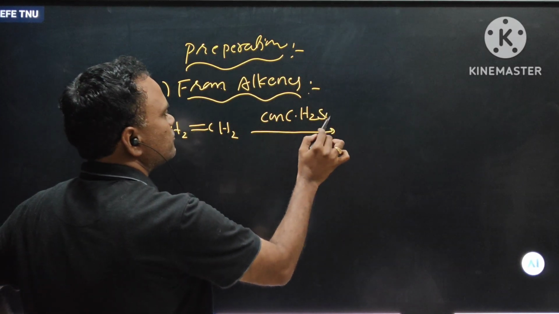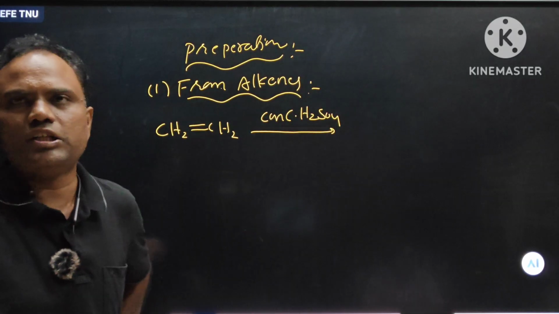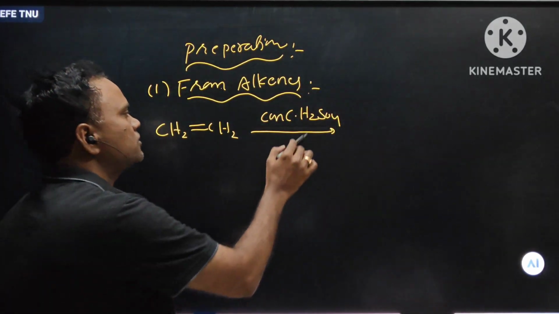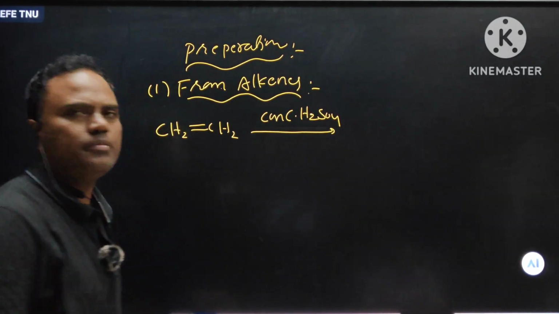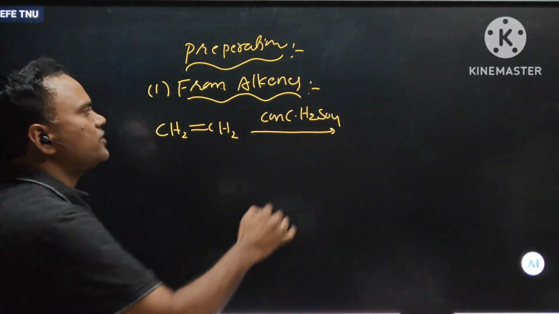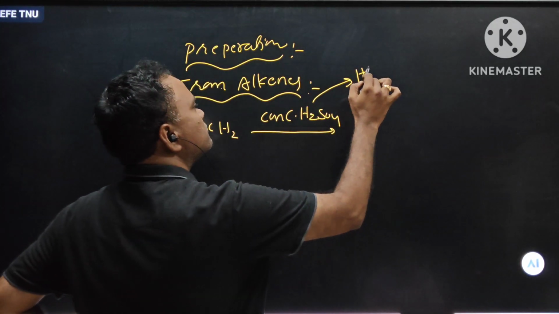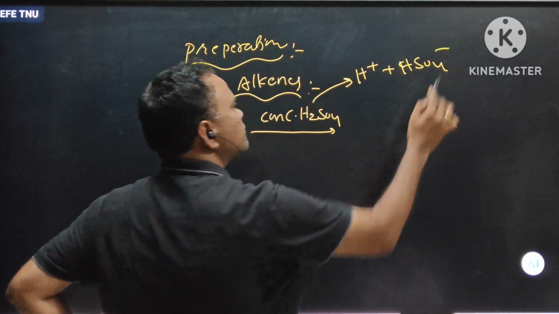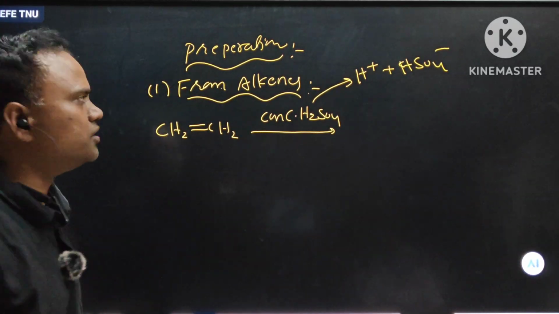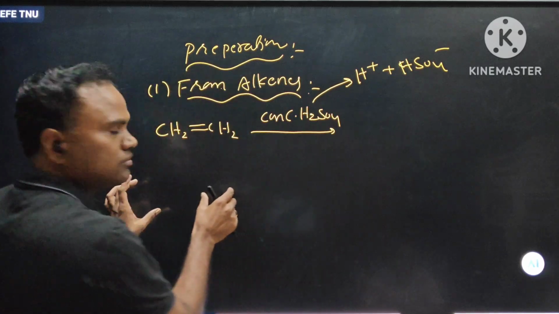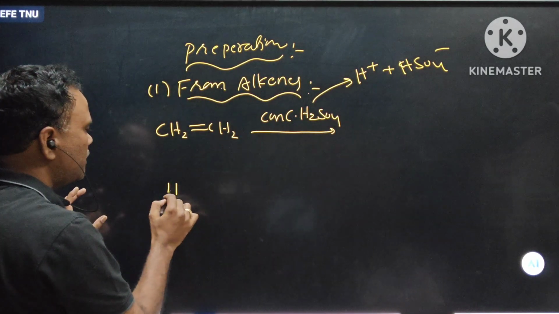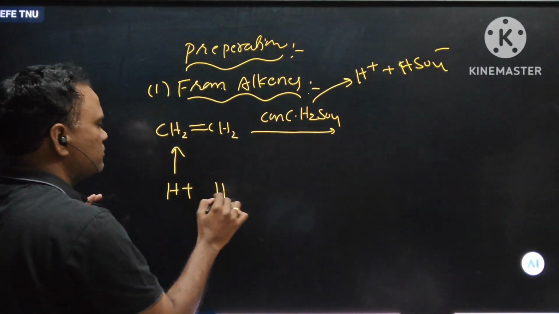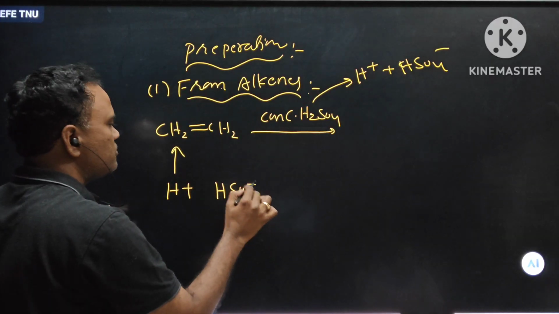Concentrated H2SO4. Alkenes when treated with concentrated sulfuric acid. Remember, how will sulfuric acid dissociate? H plus and HSO4 minus. Add these two. Add H plus to this carbon and HSO4 minus to this carbon.